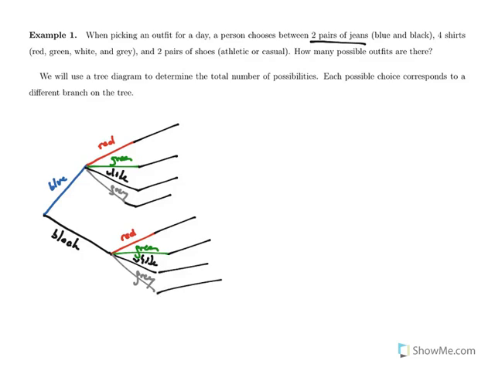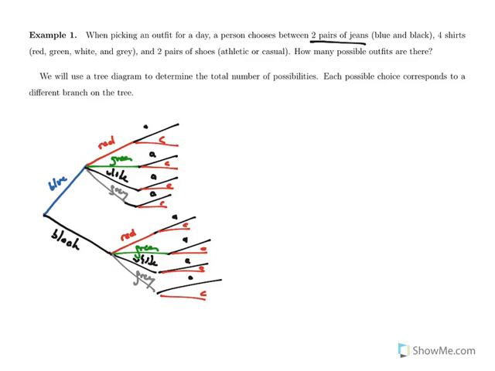So we could either have the black might be athletic, we'll call it just an A. Or we could have casual. So that's a wonky looking tree diagram.